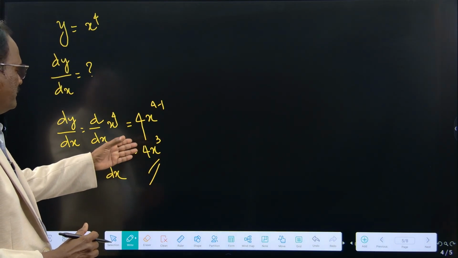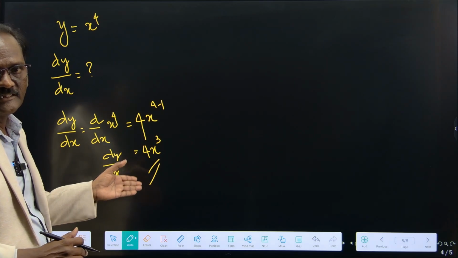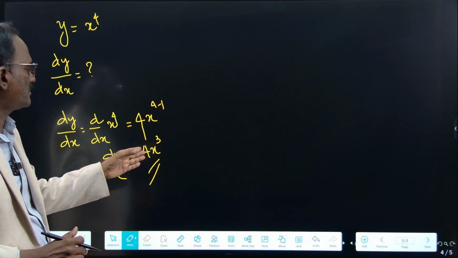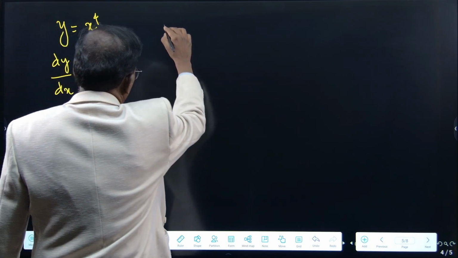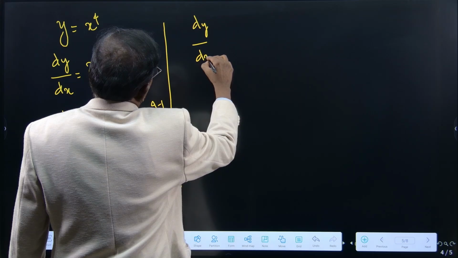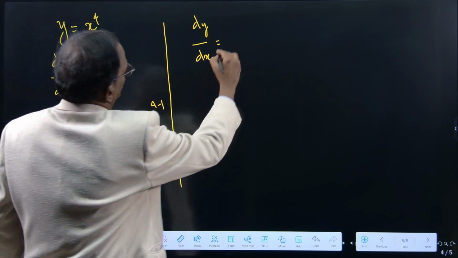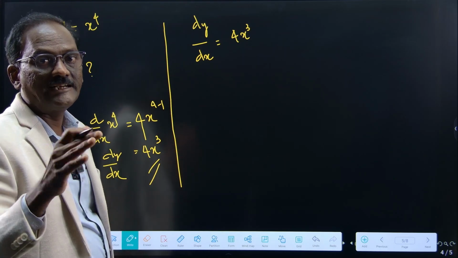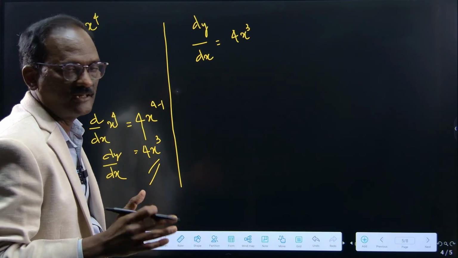So you know the reverse process of differentiation is integration. Let us make the reverse process of 4x cube. So dy by dx is equal to 4x cube. We will start the integration process and see what will happen.